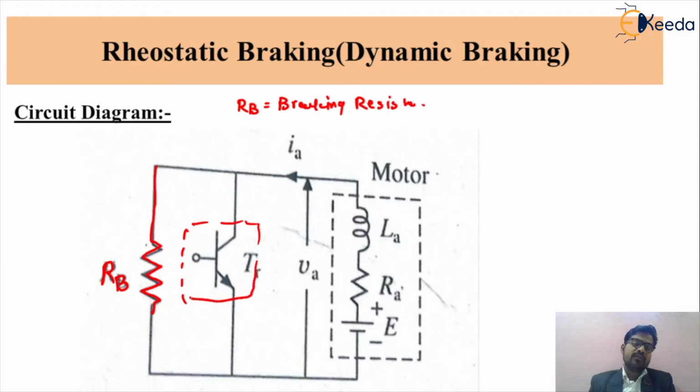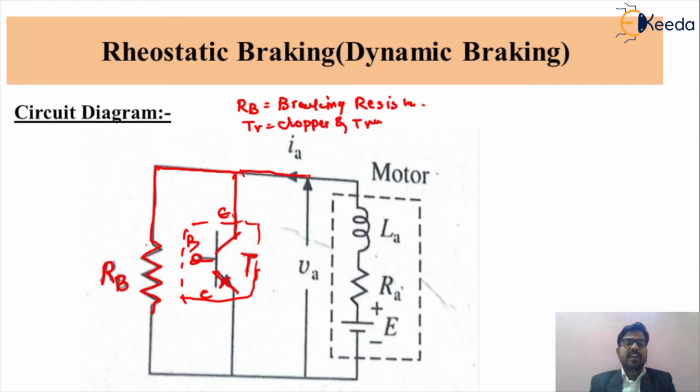This is the emitter, this is its base, this is the collector, so this is an NPN transistor circuit. TR is called the chopper, or we call it the transistor.